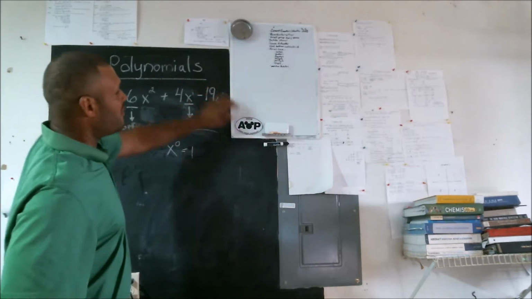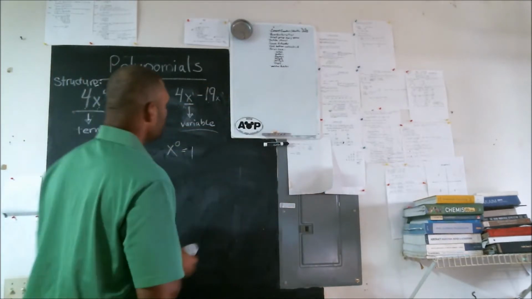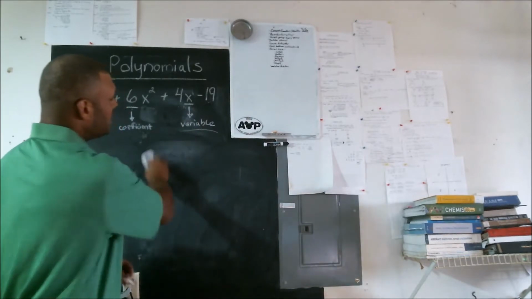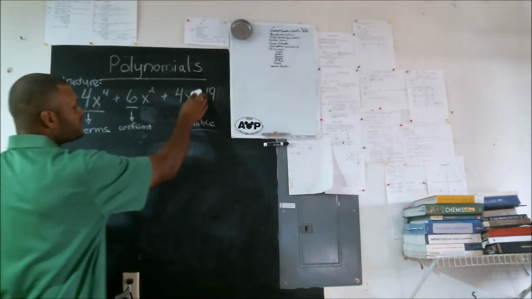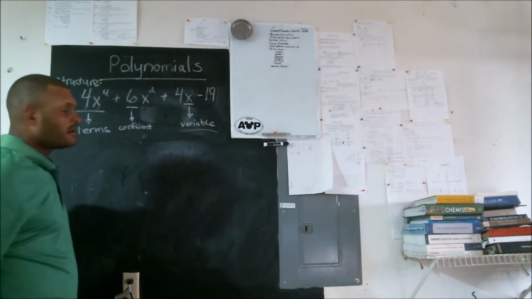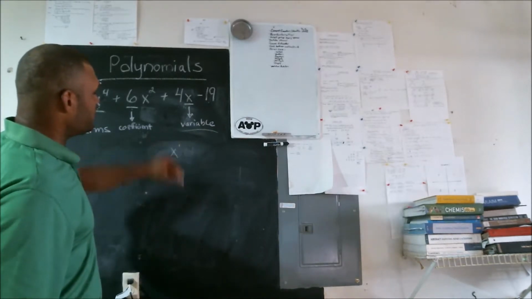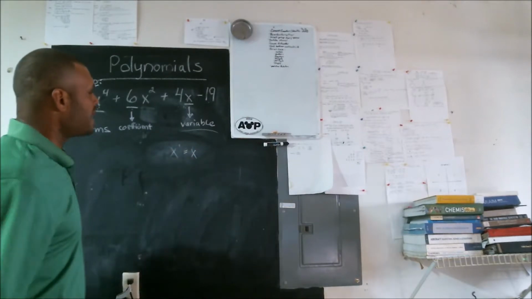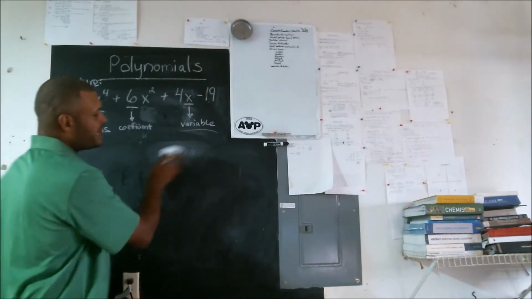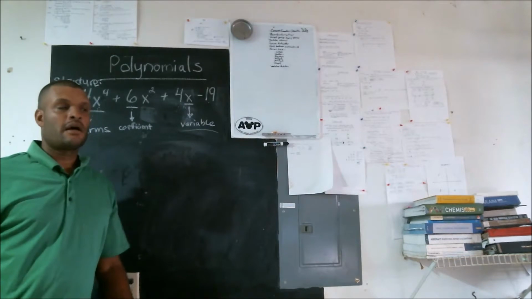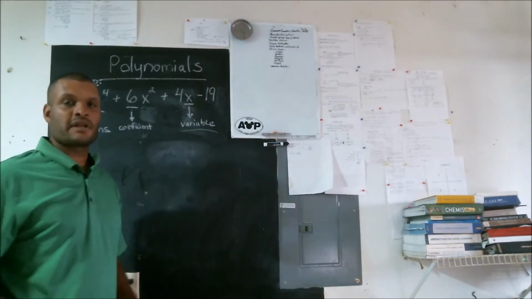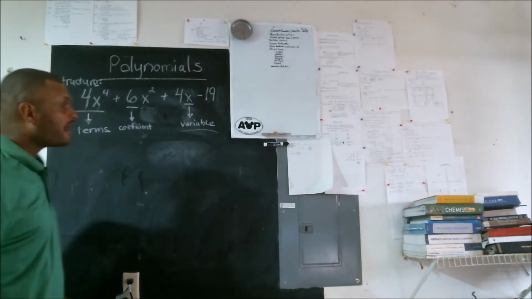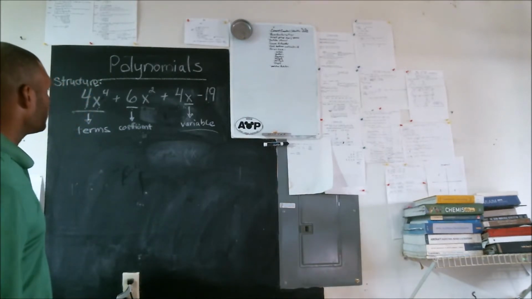So we leave this off just to make it easier. But that's an example of how we can manipulate the powers. And also this 4x, x to the 1st power just equals x. In our next video, we're going to get into evaluating. So we're going to substitute a number for x and calculate that into our expression.